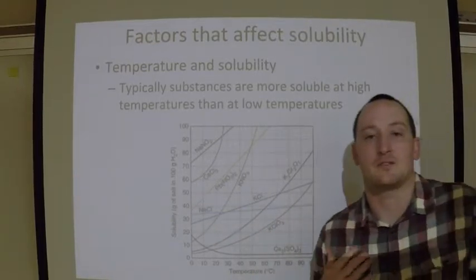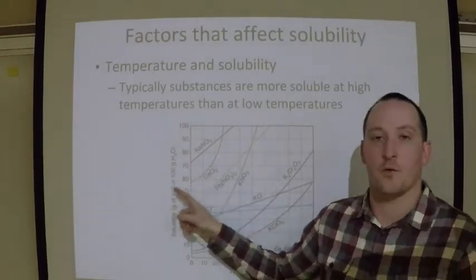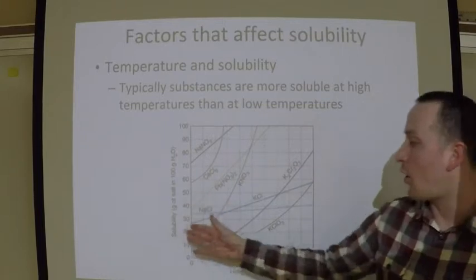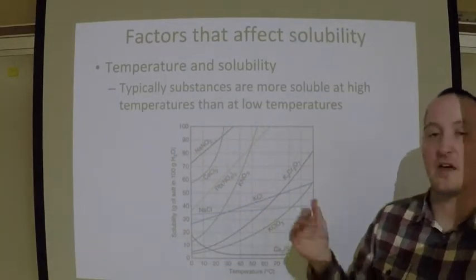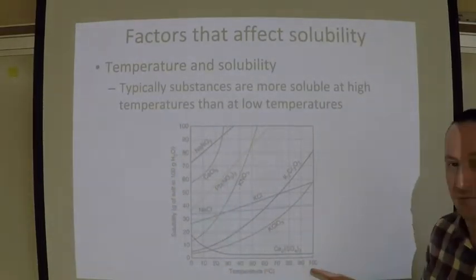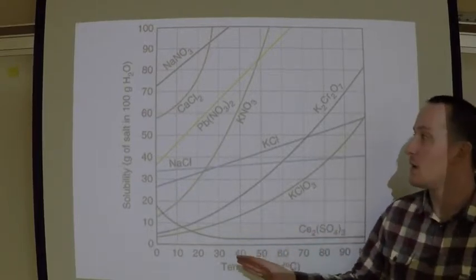And again, all of these values are for 100 grams of water. This is the amount of each of these substances that can dissolve in 100 grams of water at these temperatures. So here's a bigger chart of that.